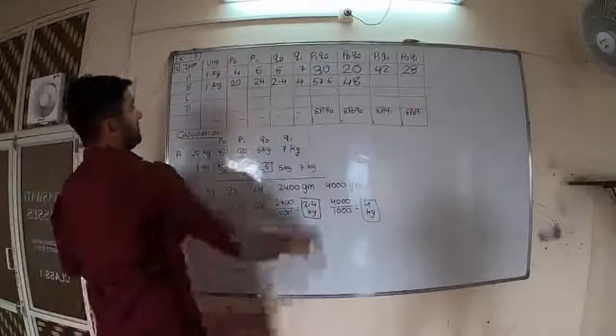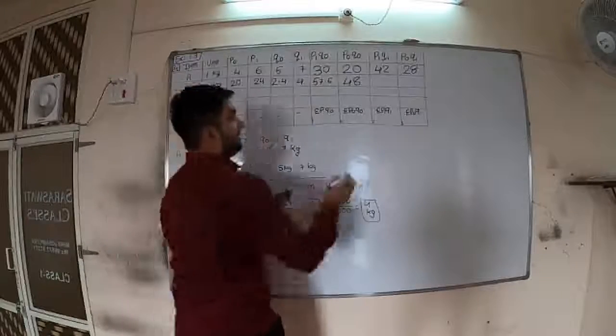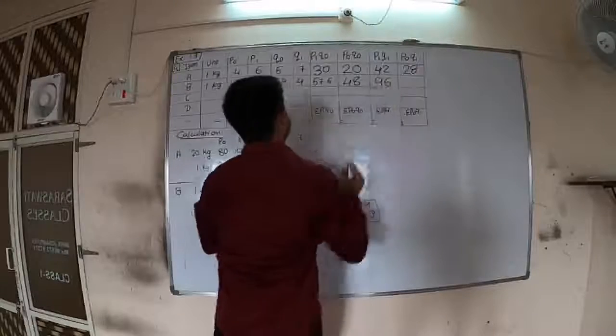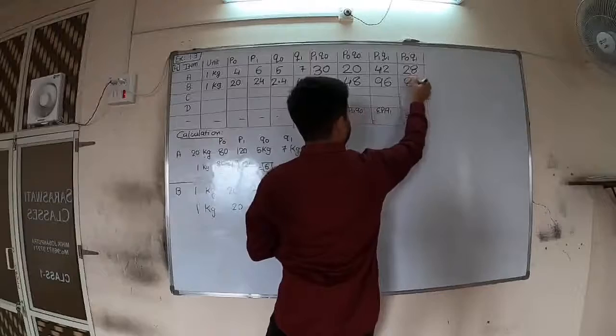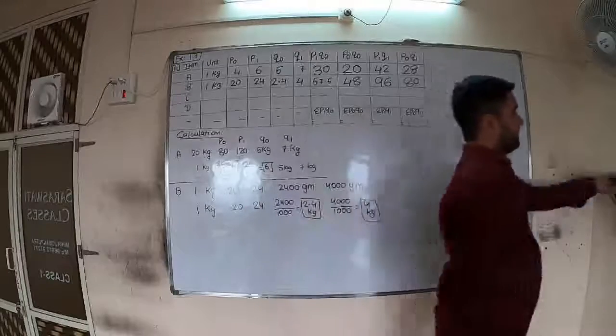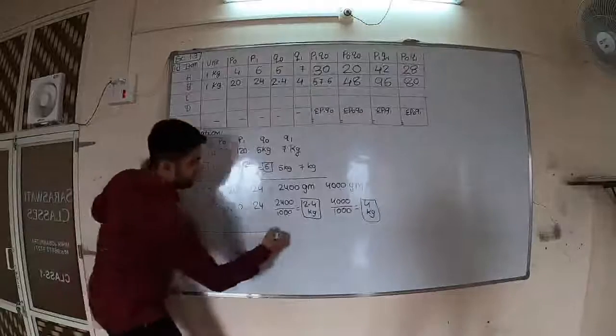Then P1 Q1, 24 into 4 is 96, and P0 Q1, 20 into 4 is 80.